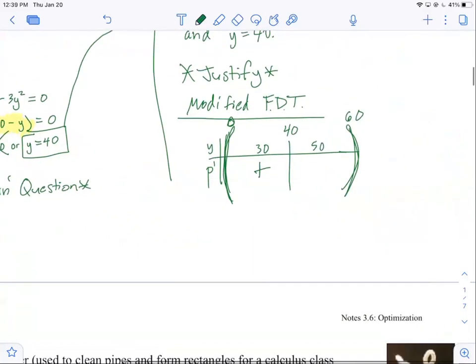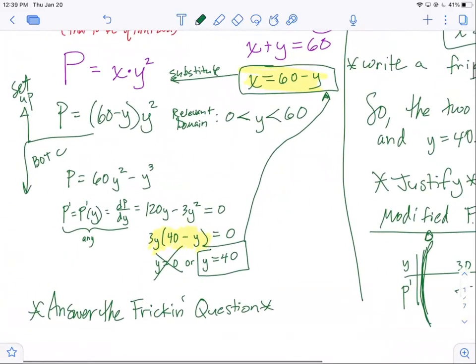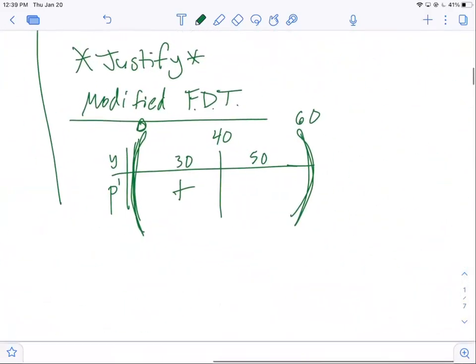Then I pick a number to the right of 40, like 50, and I plug it in, and I get positive times negative, which is negative. Now we're saying that not only is p prime negative immediately to the right of 40, but really, since 60 is not a critical value, p prime is negative everywhere to the right of 40. Forever and ever.